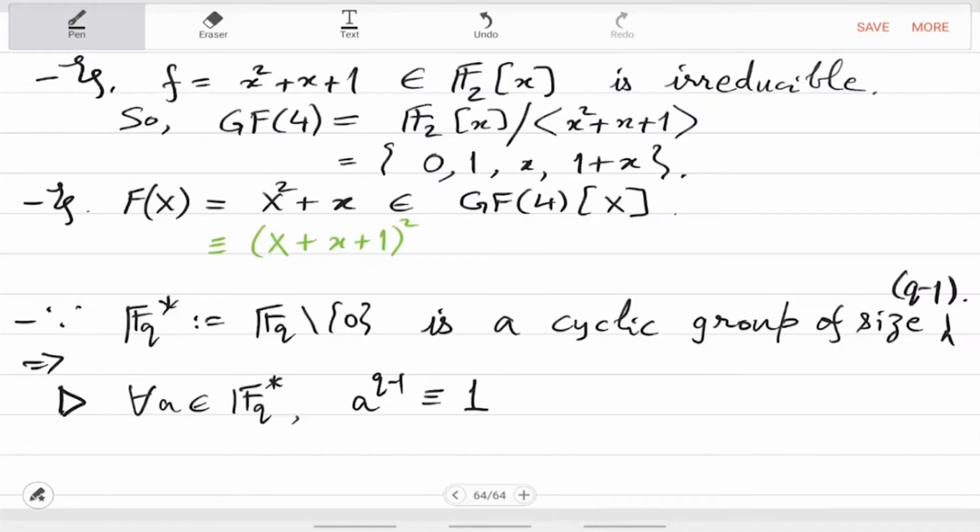And if you also include 0, then you have to look at a raised to q, which is a, right? So this is satisfied by all a in the finite field. So this is a fundamental identity. Its special cases have names. So this is also called FLT, Fermat's Little theorem.